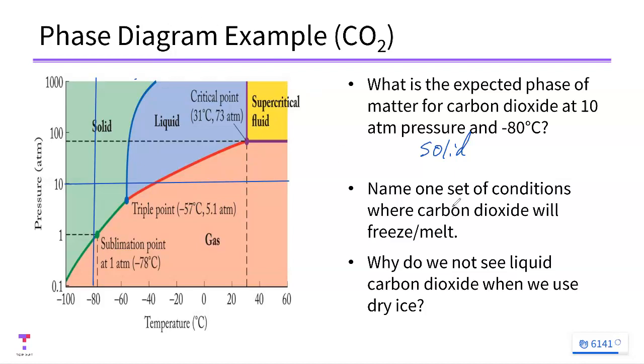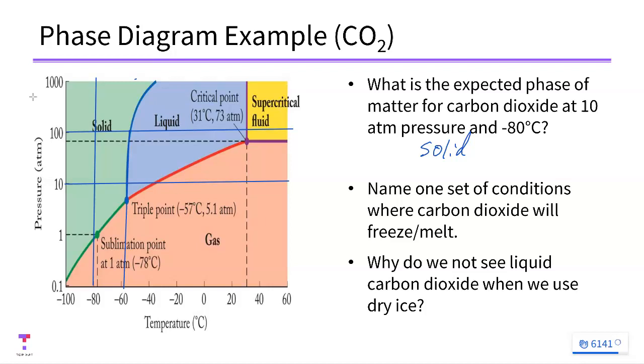Okay, what's a set of conditions where we would see carbon dioxide melting or freezing? Well, again, I can go back to drawing some lines out here. Let's go to 100 atmospheres. Where does that 100 atmospheres cross this blue line between the liquid and the solid? Well, somewhere right around there, I'd say.